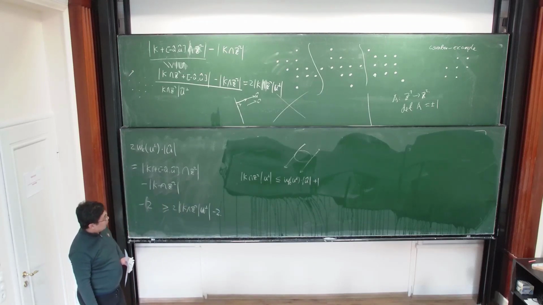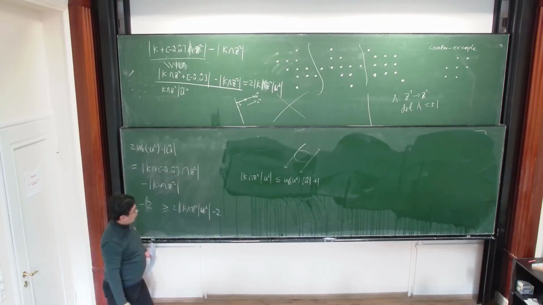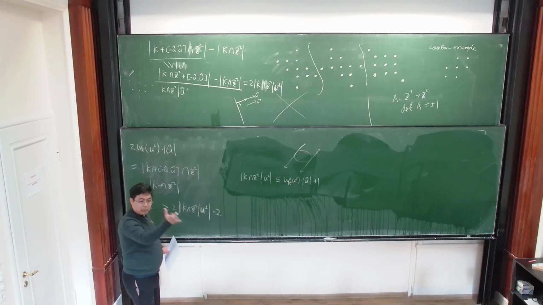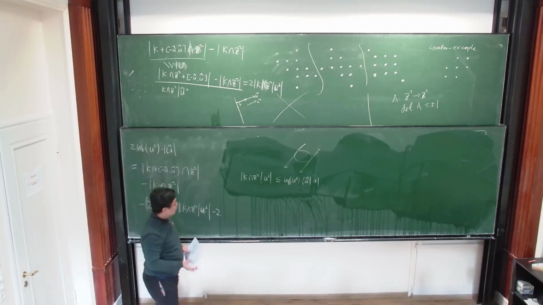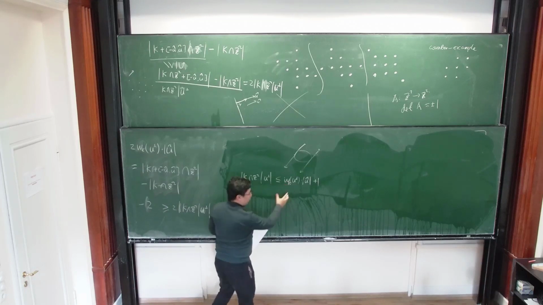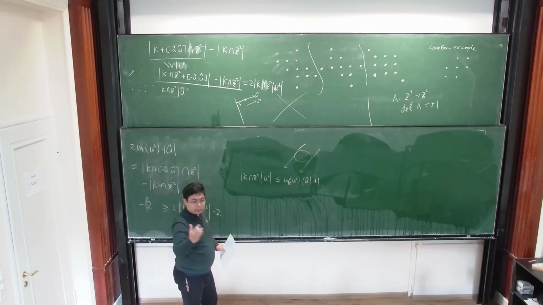So what does this mean? If you have 2 Gauss bodies with equal projections, then the width cannot be too small.